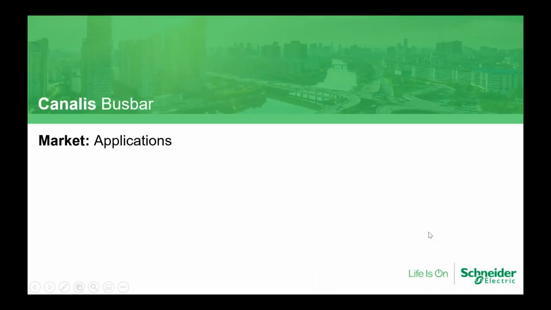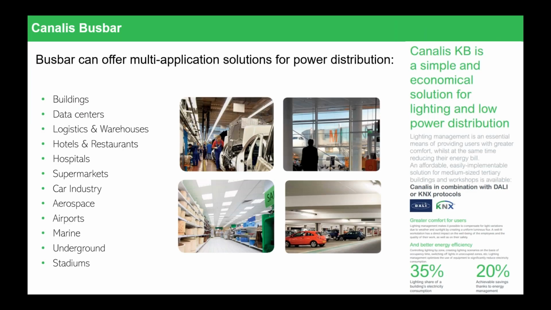Moving forward, application. Where can you find Busbar? As you can imagine, and probably saw from the previous slides, because the Busbar is dedicated to distributing electrical power, you can use Busbar everywhere, starting from 25 amps lighting application up to 6,300 amps.